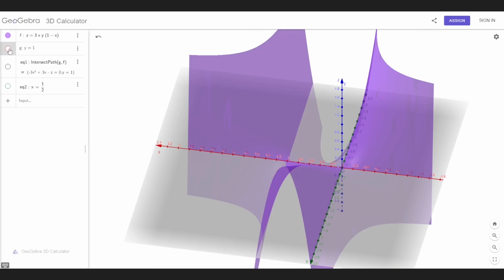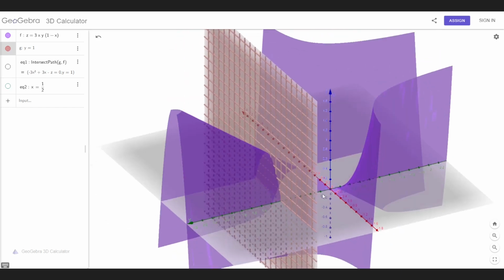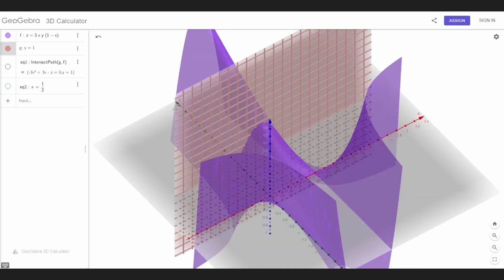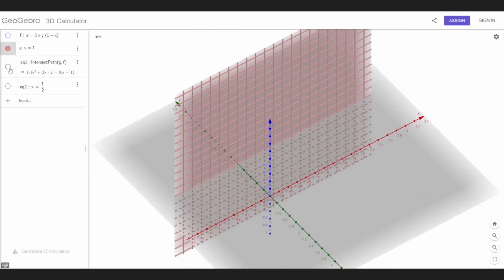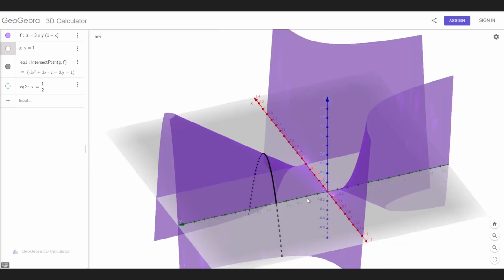Now I will put y equals 1. When I put y equals 1, this is a plane that corresponds to y equals 1, and let's see the intersection here. This is the intersection path of the joint PDF and the plane y equals 1.